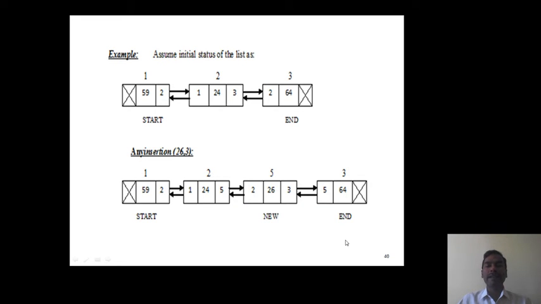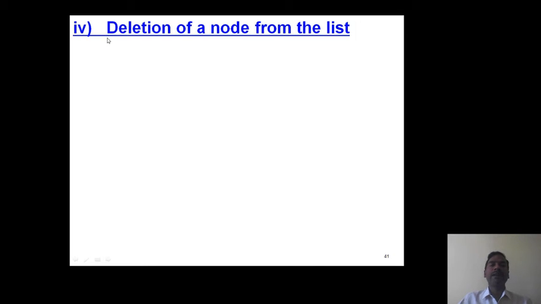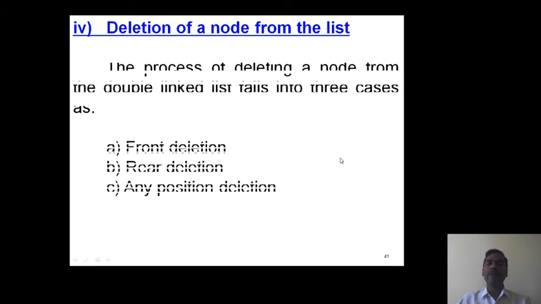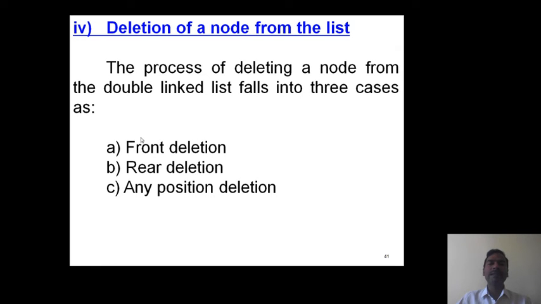So these are the 3 cases to implement the insertion operation. Next, deletion of a node from the list. This refers to the deletion operation. Deletion of a node also falls into 3 cases: front deletion, rear deletion and any position deletion.